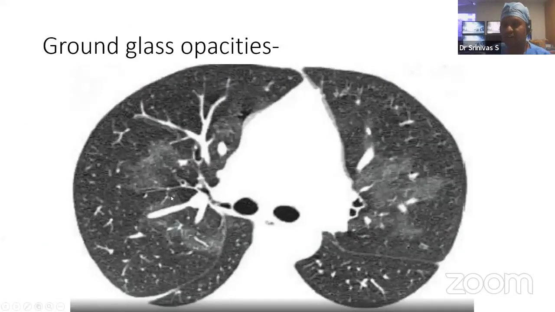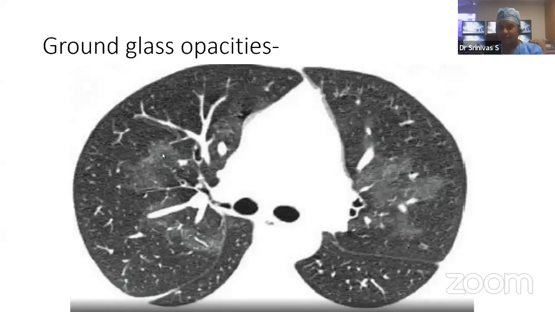This is a ground glass opacification. Many of us have seen it many times in the recent epidemic of COVID, where we were seeing these types of CT scans 10 to 15 times in one day with a lot of patients.